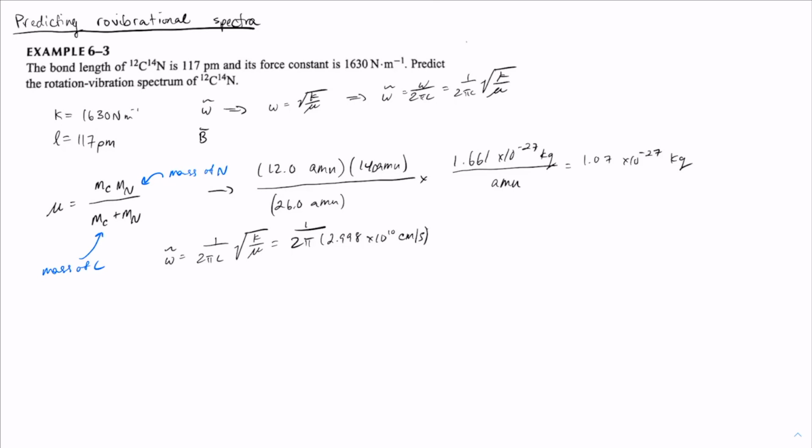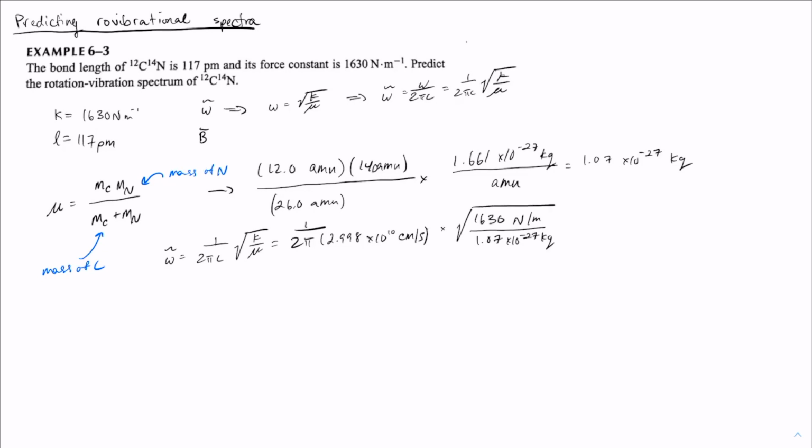It's sometimes more useful to write this directly in terms of centimeters per second because it might skip one unit conversion later on, especially if we're trying to put this in wave numbers in the first place. And then this is times the square root of 1630 newtons per meter divided by 1.07 times 10 to the minus 27 kilograms.